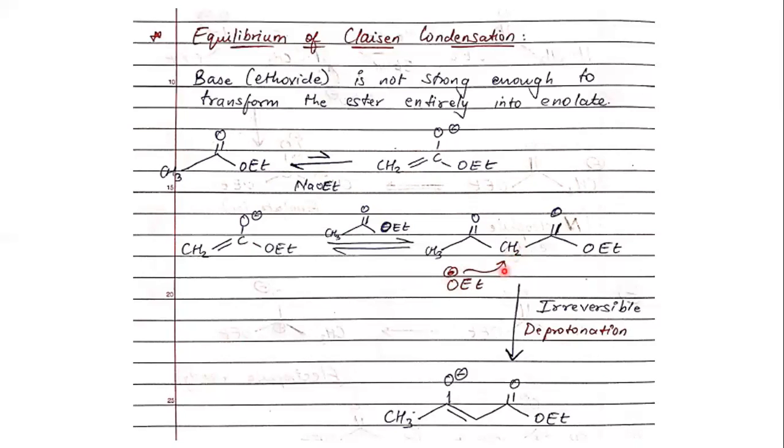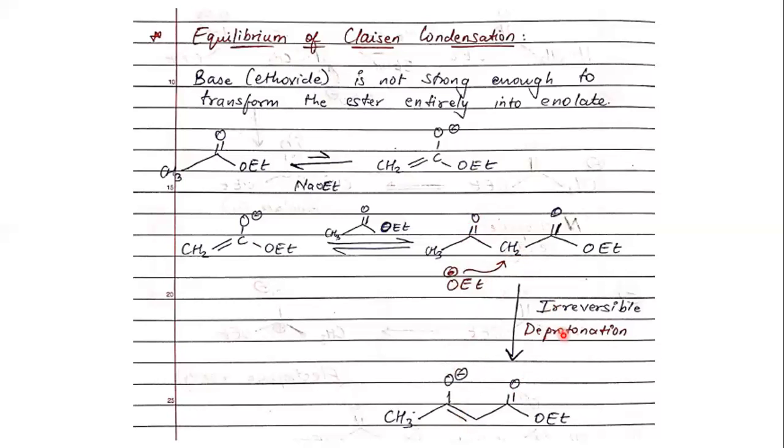That ethoxide is going to act as a base and abstract that acidic proton, and while it is abstracting the proton, this double bond is going up onto the oxygen, giving the negative charge. Once the proton is removed from this carbon, those electrons are going to go into this carbon-carbon bond, giving rise to this double bond.